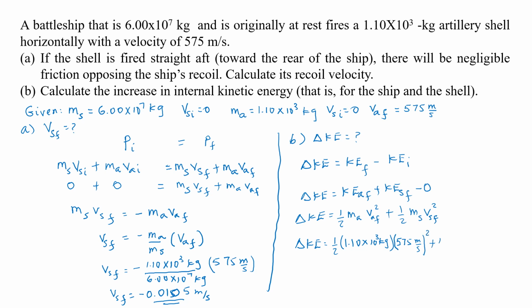Plus 1/2 mass of the ship, which is given to be 6.00 times 10 to the power of 7 kilogram, multiplied by its velocity, which is negative 0.105, squared.